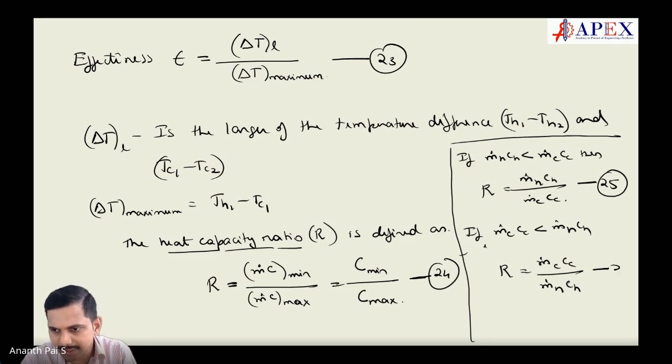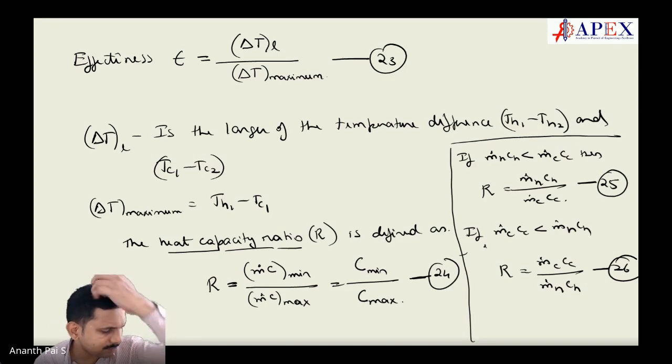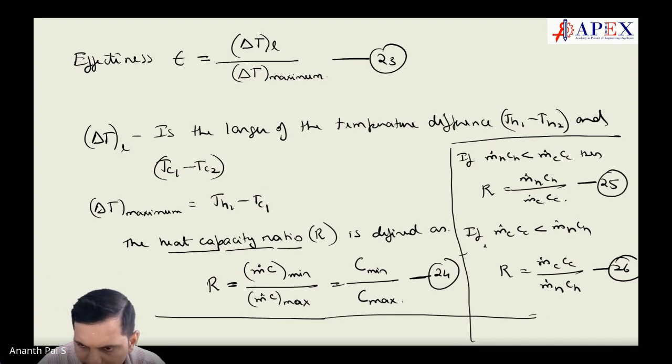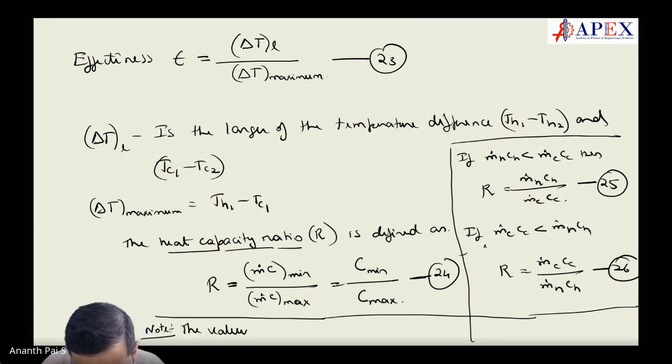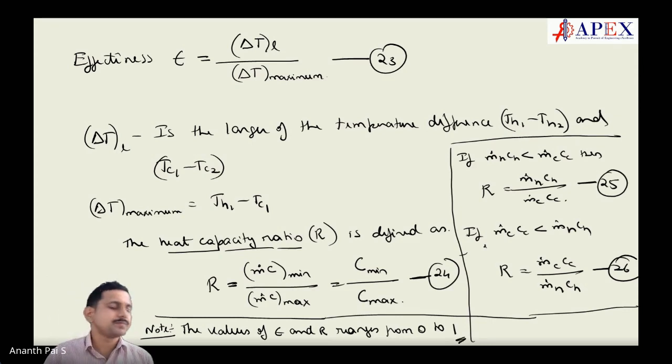This you write as 26. Very important to understand these things. Very easy. Once we do that, you will see how easy it is. And note, the values of epsilon and R range from 0 to 1. Very important.